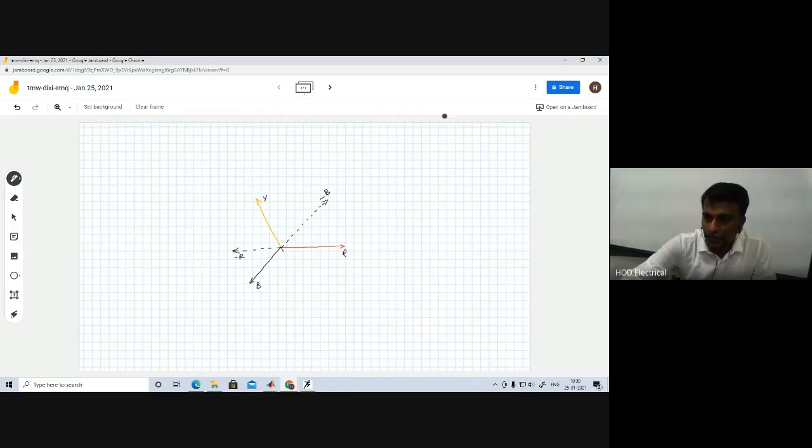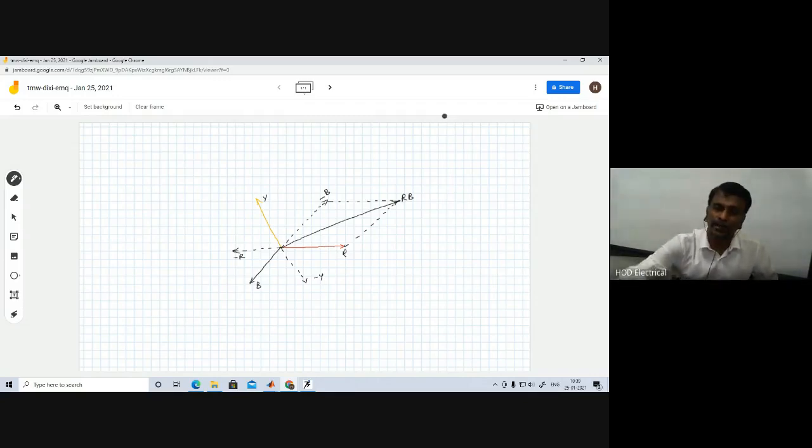Then opposite of Y phase, you can call this minus Y phase. Now the resultant vector of these two, we can draw as the line voltage across R, RB.